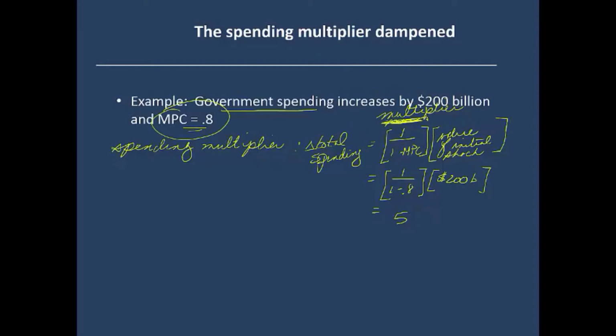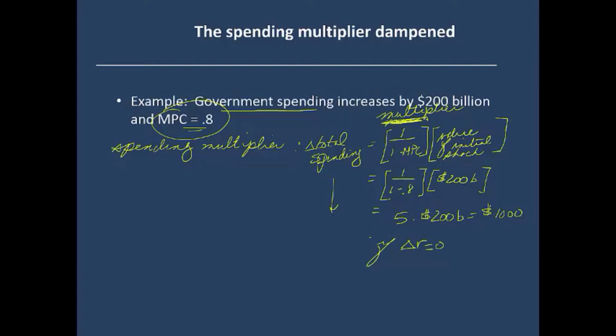So this shock of $200 billion is going to be multiplied 5 times, so that the change in total spending is going to be equal to $1,000 billion or $1 trillion. So that's the effect on spending if interest rates don't change.